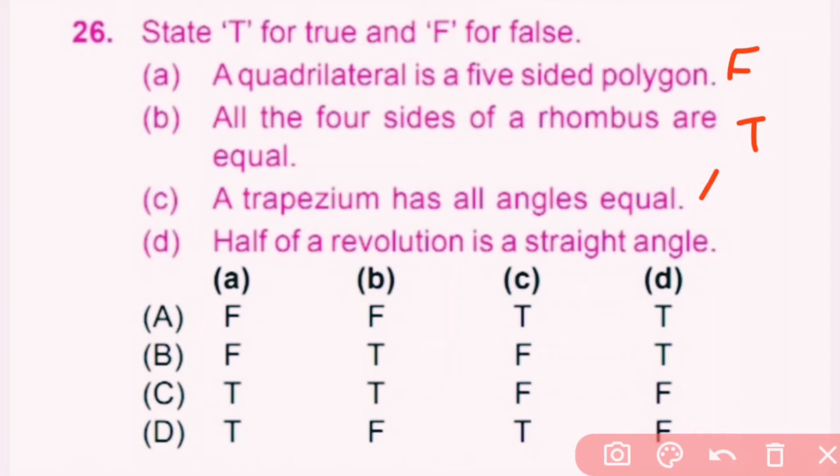All angles of a trapezium are not equal, so this statement is false. Option D, half of a revolution is a straight angle. Half revolution means 180 degrees, and 180 degrees means a straight angle. So this statement is true. So here B is the correct answer.